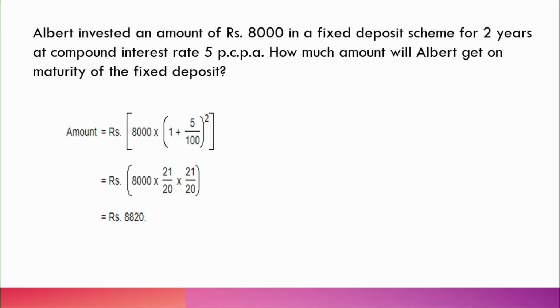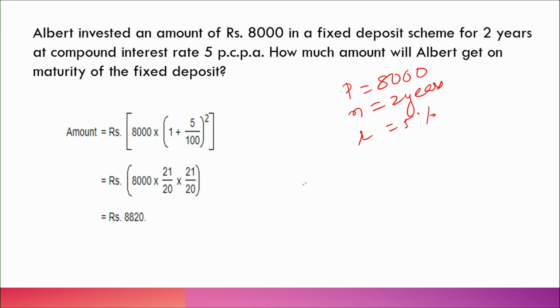It is very simple. The principal amount is how much? P equal to 8,000. And what is the number of years? 2 years. And what is the rate of interest? 5%, correct? Then you have to calculate the total amount.